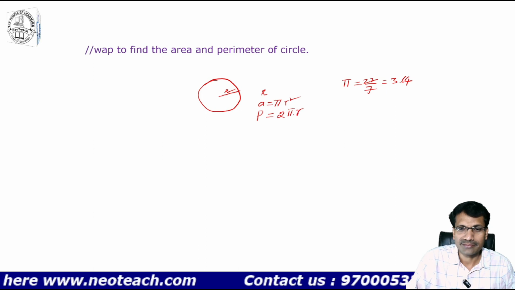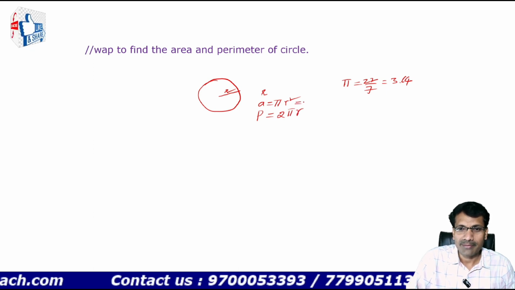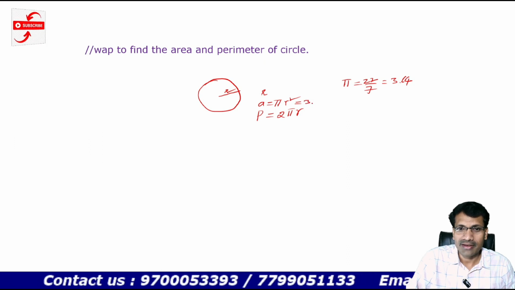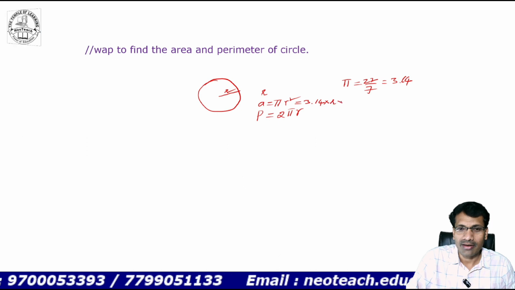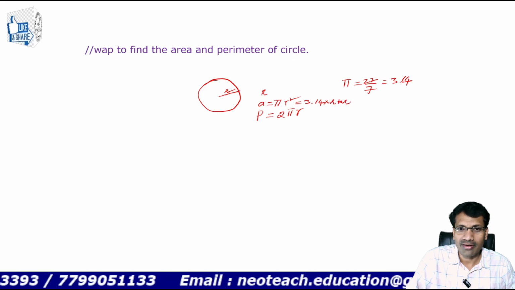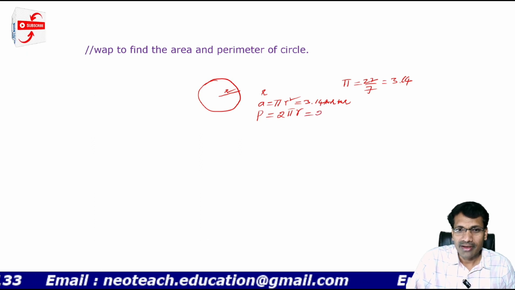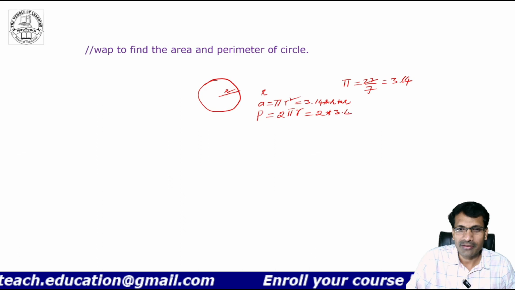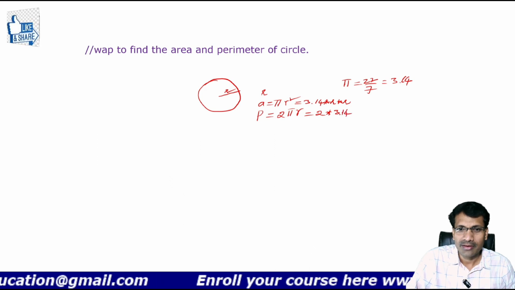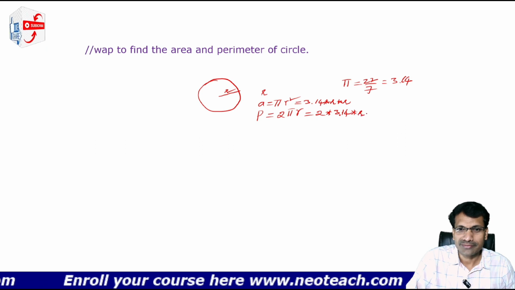2 pi r. Okay. So by this example, in place of pi we can write 3.14 into r and r. Technically we can write r into r. Here also we can write 2 into this pi value 3.14 into r value, like this.